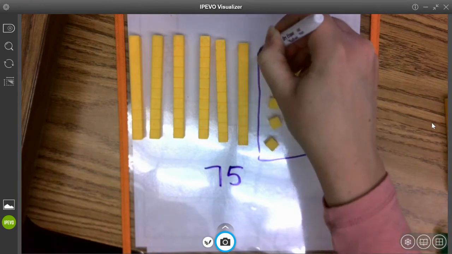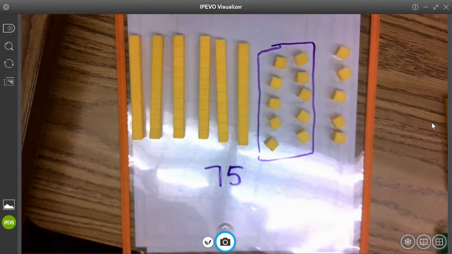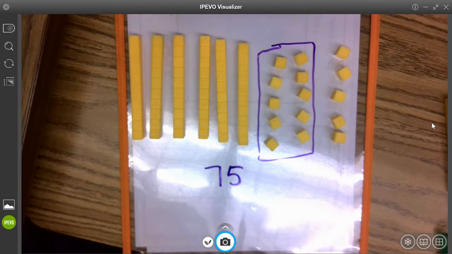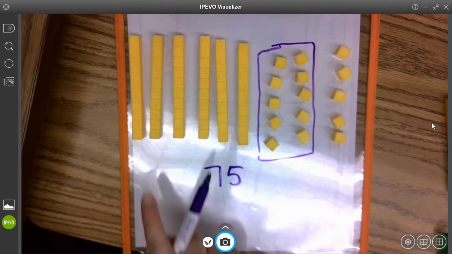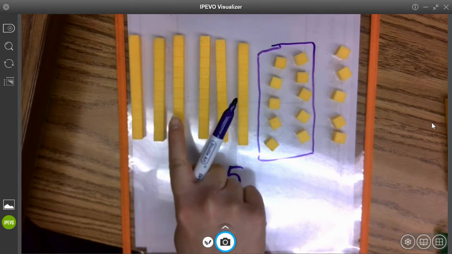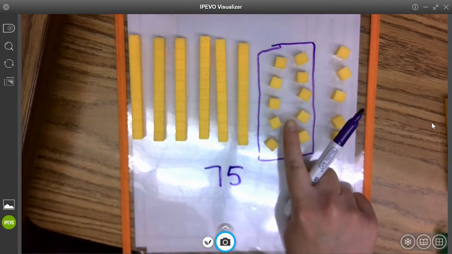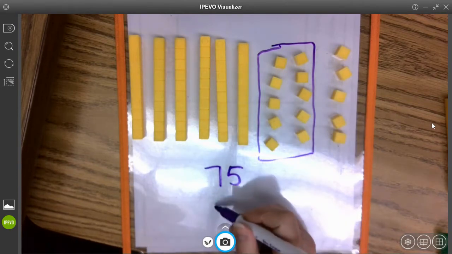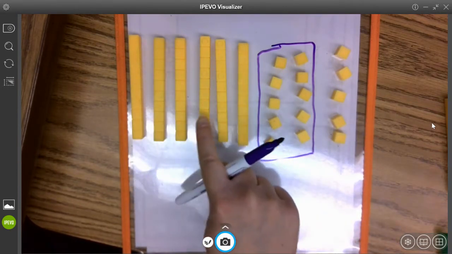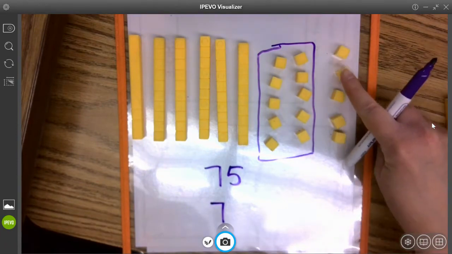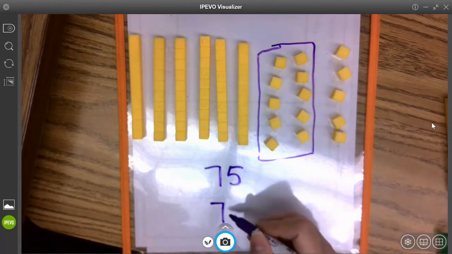Okay, I made a group of 10. And then we always count our tens, including the one we made. 10, 20, 30, 40, 50, 60, 70, or 7 tens. 1, 2, 3, 4, 5, 6, 7, and 1, 2, 3, 4, 5.